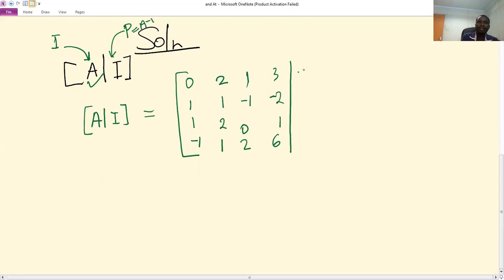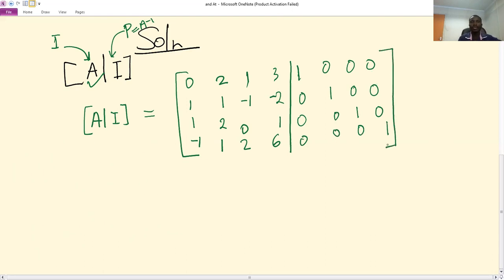And then the identity matrix, because these are 4 by 4 matrices, so you write an identity matrix of order 4. So this is the first step. The objective will be to use row operations to reduce this part to be the identity matrix, and therefore the matrix that will come into this position will be the inverse of A.